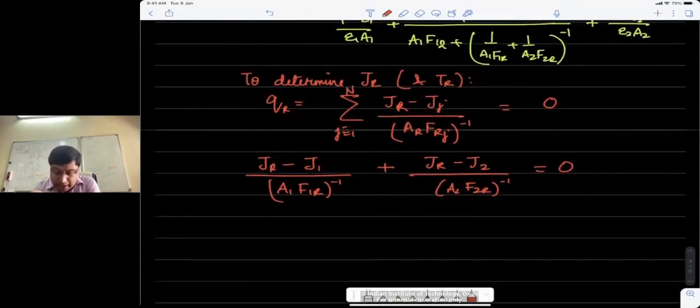So we'll have a linear equation for JR, and J1 and J2, as I said, have already been calculated. So now JR can be calculated from this equation. And then once JR is known, I can write JR to be equal to sigma TR to the power 4.